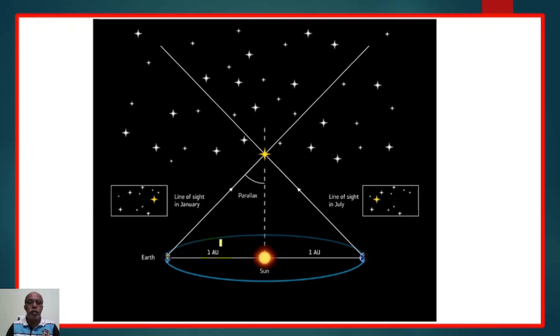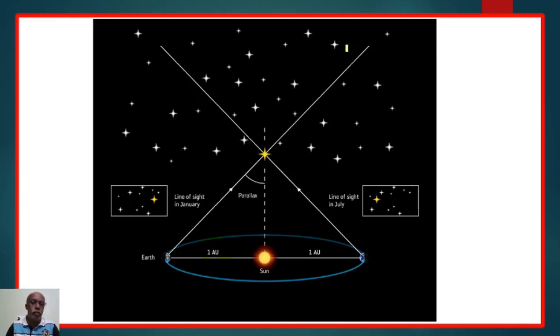This happens only if we measure the position of the star from the Earth's surface when the Earth is at the two extreme ends of the orbit around the Sun, in the background of fainter stars.